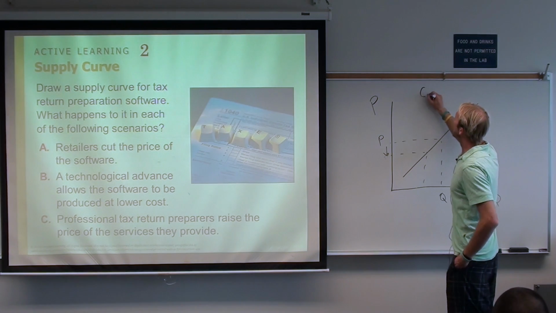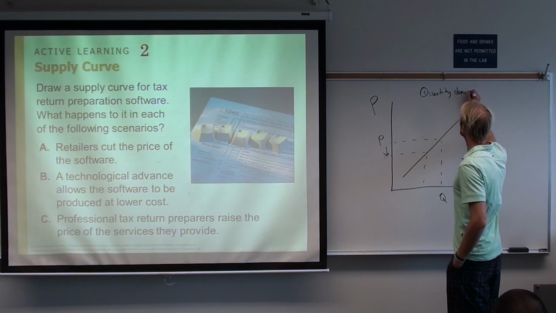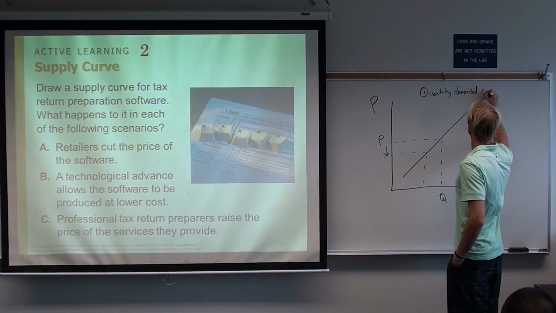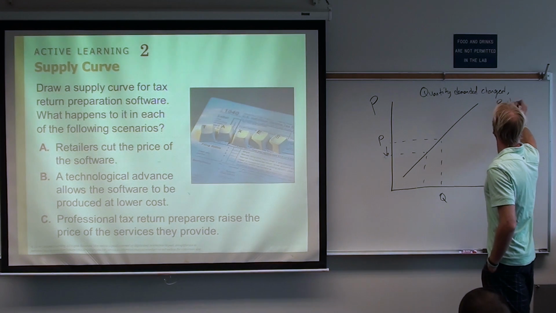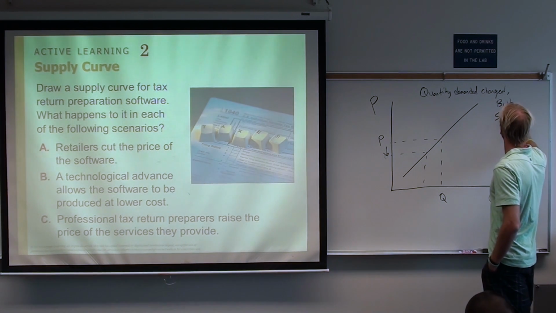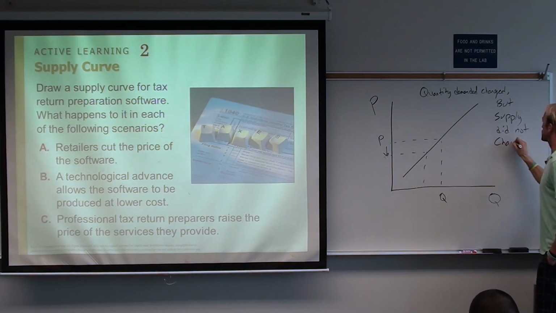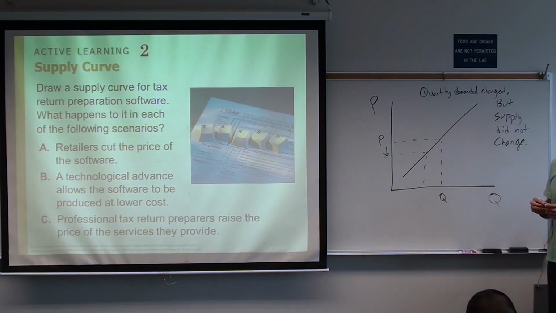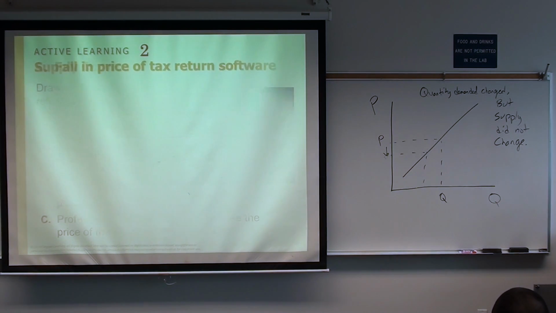So we would say that quantity demanded changed, right? But supply did not change, right? Supply itself did not change because the supply curve didn't. It just is a change in the price, okay? All right, and that is this one right here.